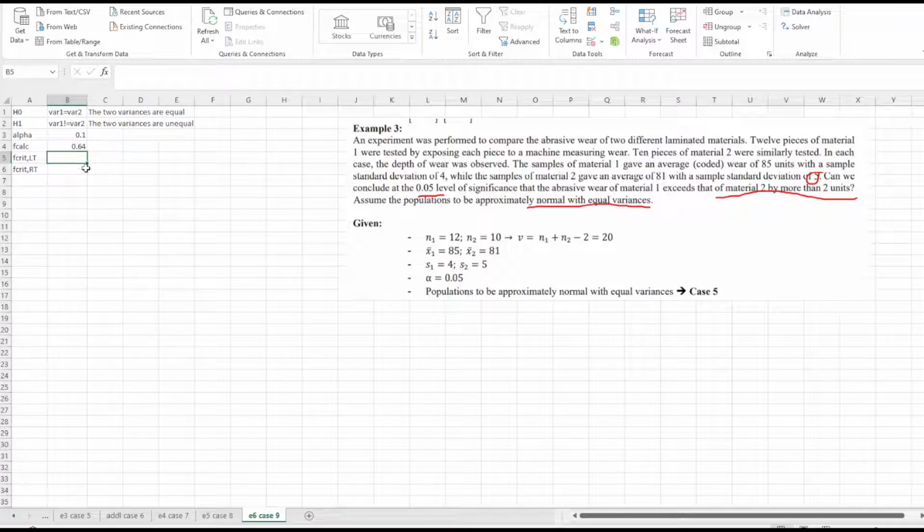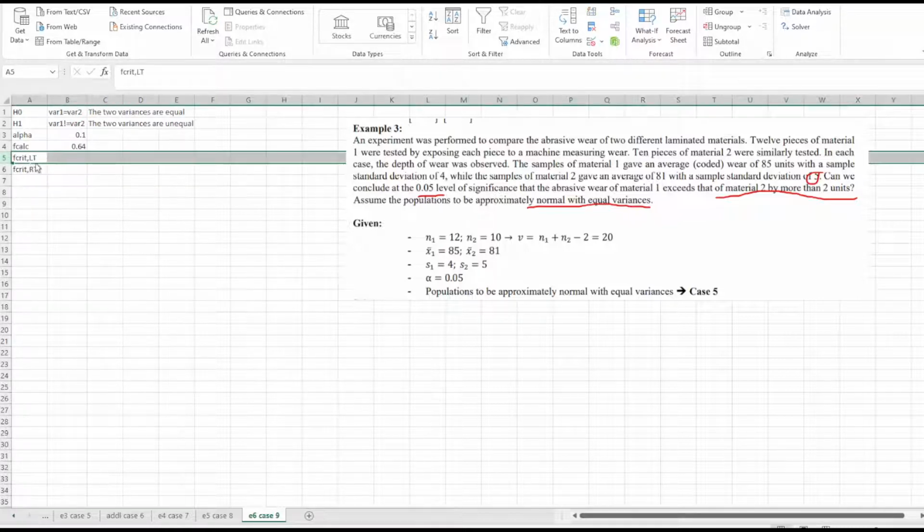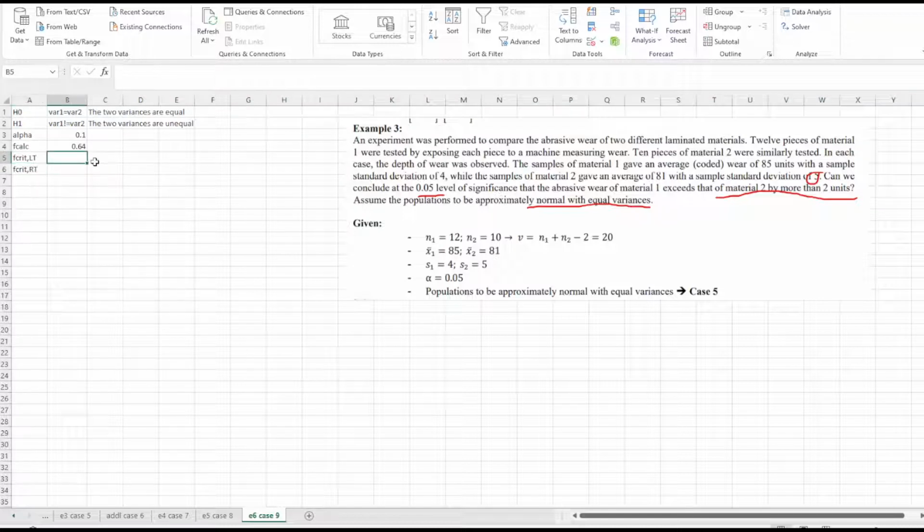Okay, let's compute. Since this is a two-tailed test, we need to compute the critical values of the left tail and the right tail. Let's start with the left tail. We go F.DIST, no, we should be using F.INV.